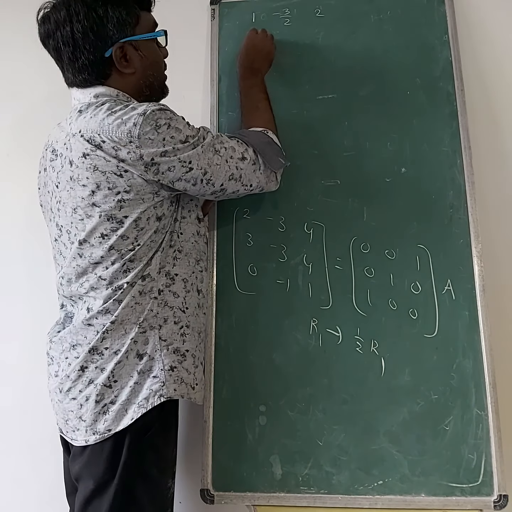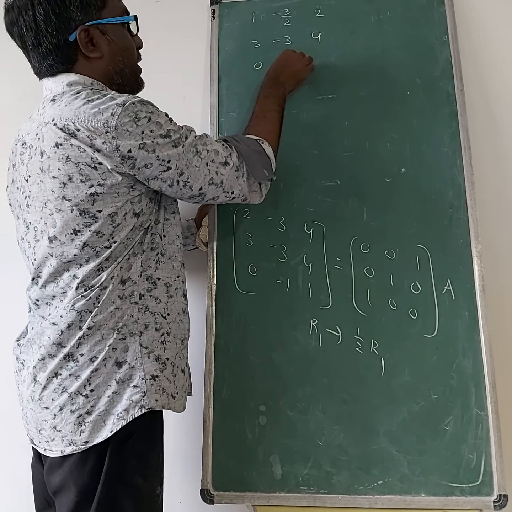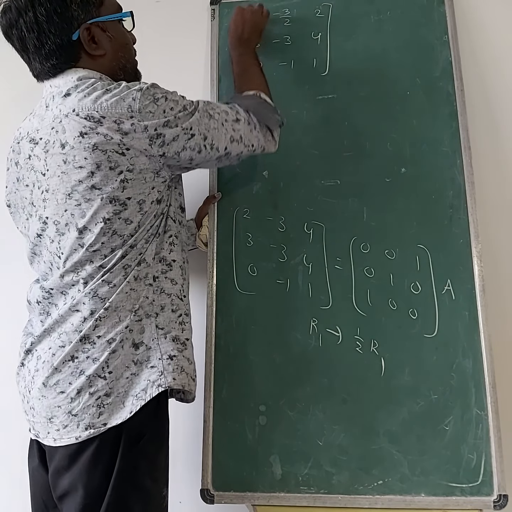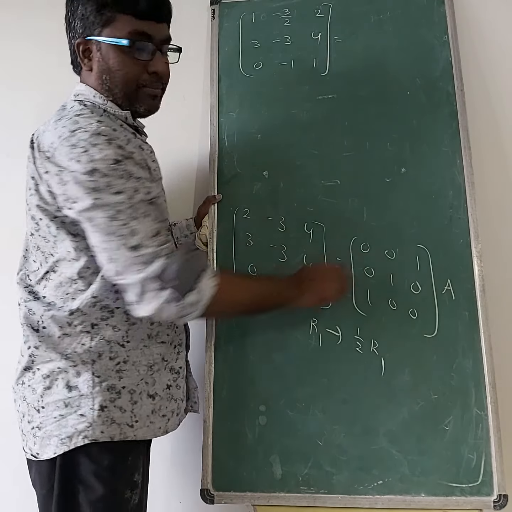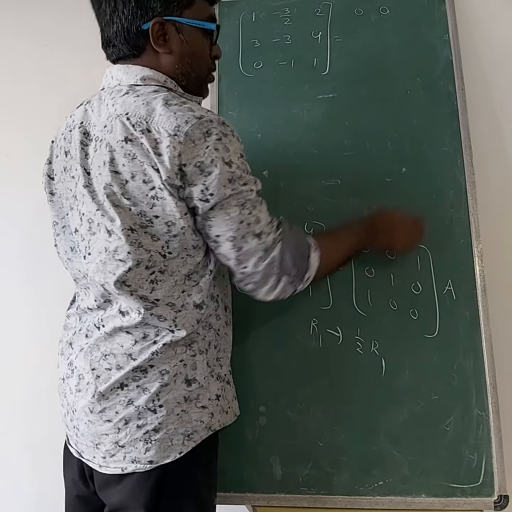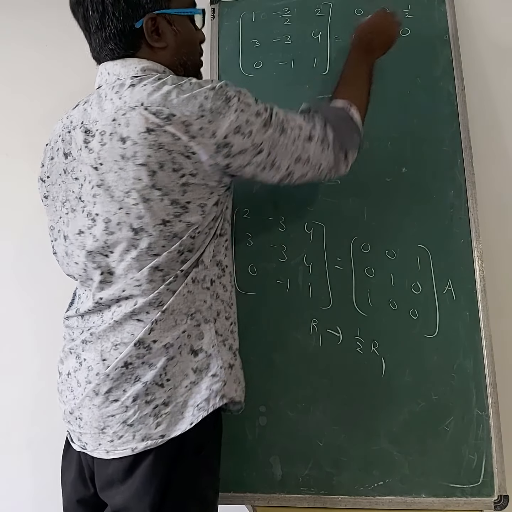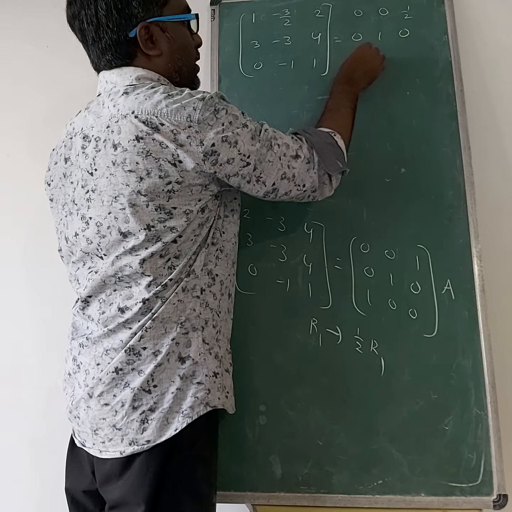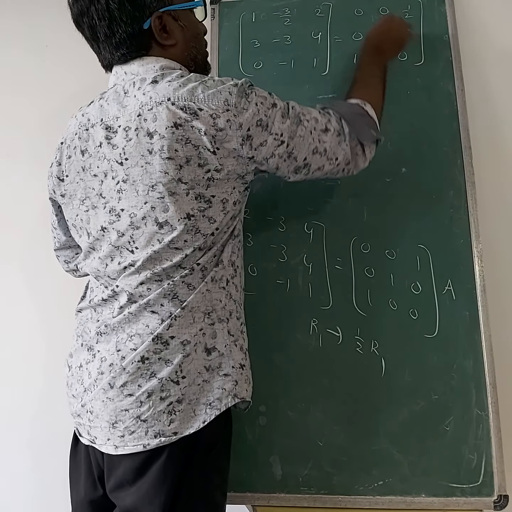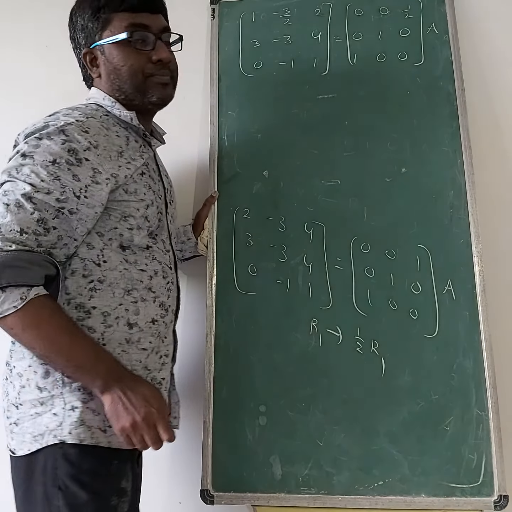This as it is, 3 -3 4, and 0 -1 1 as it is. Here also the same: 0 by 2 is 0, 0 by 2 is 0, 1 by 2 is 1 by 2. Then 0 1 0, 1 0 0, into A.